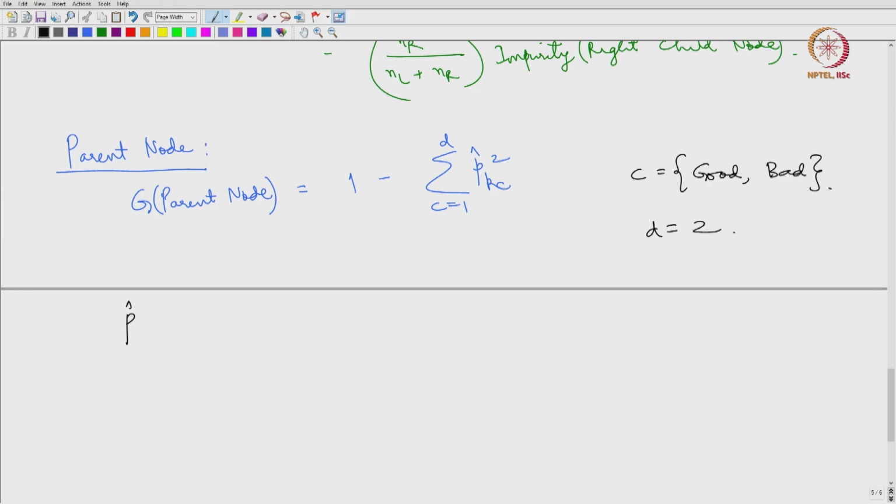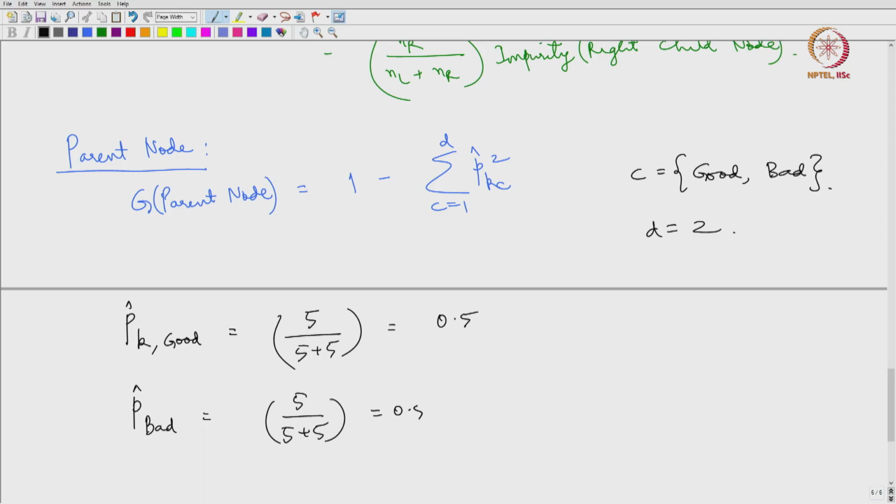K is denoting the region. We are looking at the parent node, and the probability of good is 5 out of 10 points, which is just 0.5, and then p hat of bad is also 0.5, whatever remains.